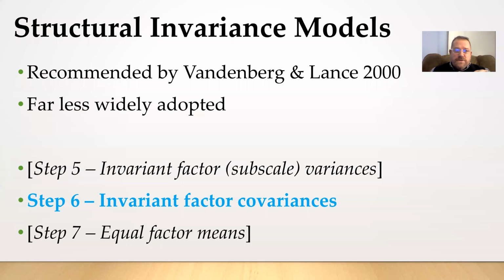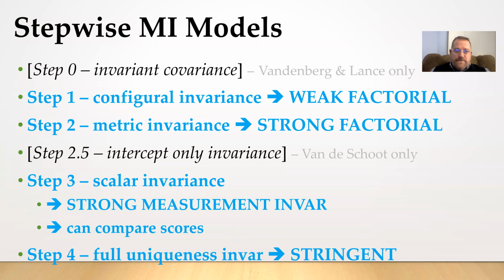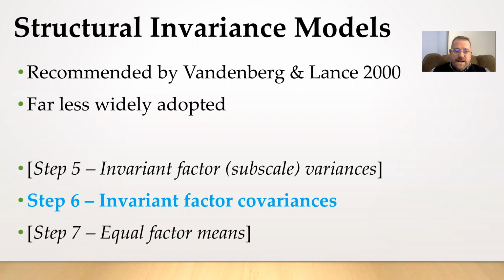Now, beyond measurement invariance, there's also structure invariance, and that's sort of asking, do the subscales, so step 5 would be, do the subscales of your scale actually have the same variances across the 2 groups? Step 6 is, do the subscales correlate with each other the same across groups?